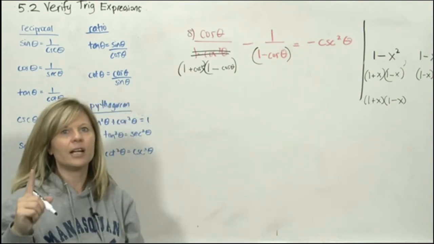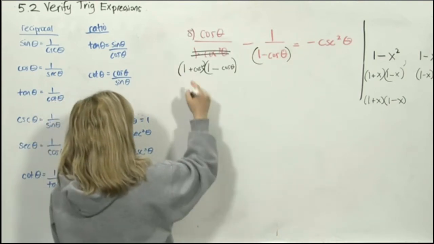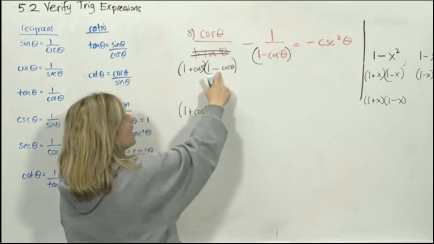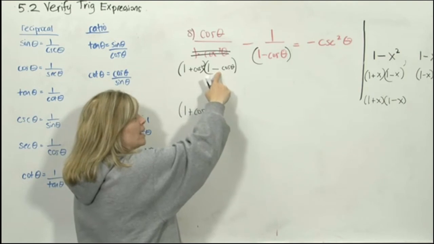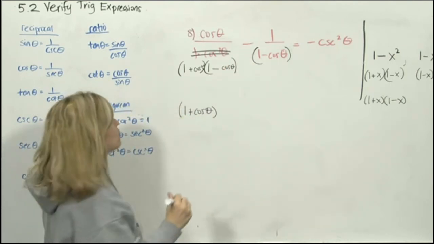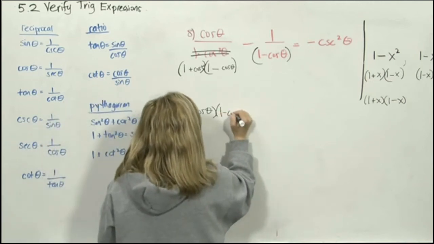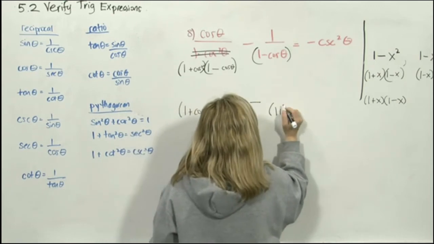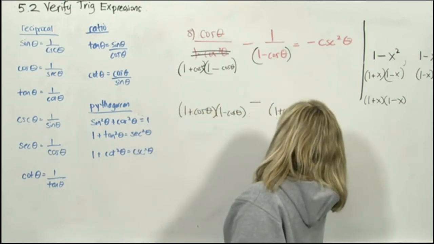I need every prime piece. So I need the 1 plus cosine theta. And then because this denominator has one of these 1 minus cosine thetas, and this denominator has one of these 1 minus cosine thetas, I need one of those. So this would be our new denominator. And I'm going to write it just like you learned in algebra.